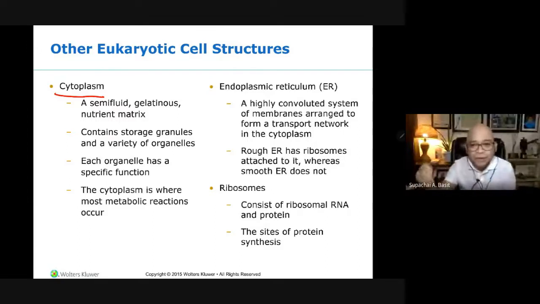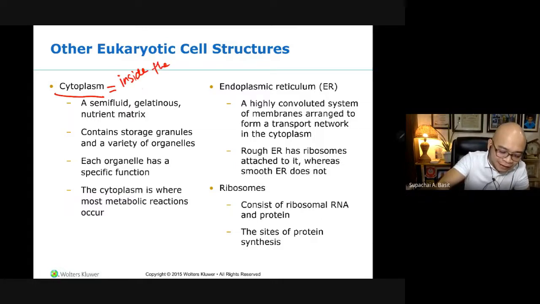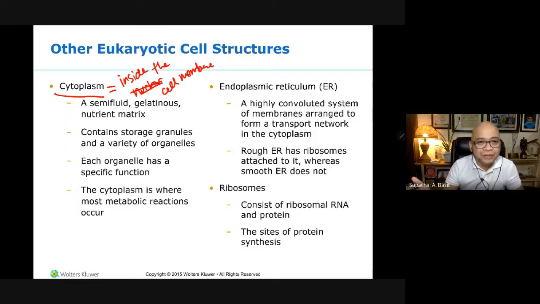The cytoplasm is a semi-fluid gelatinous nutrient matrix. So where can we find the cytoplasm? The cytoplasm is found inside the cell membrane.